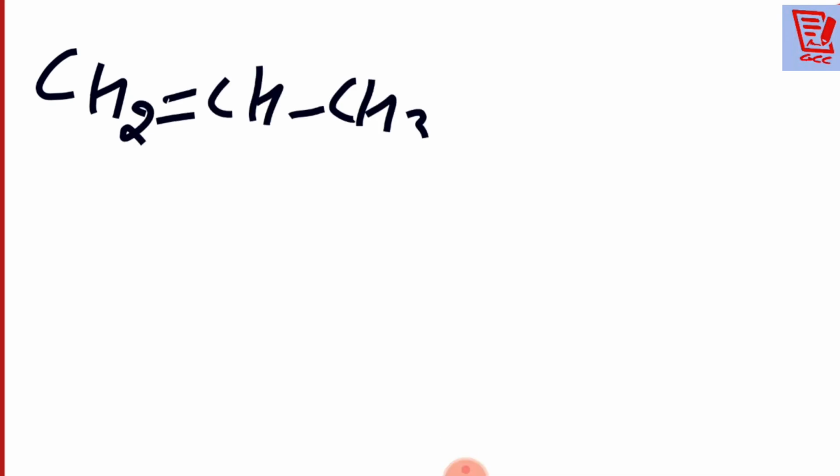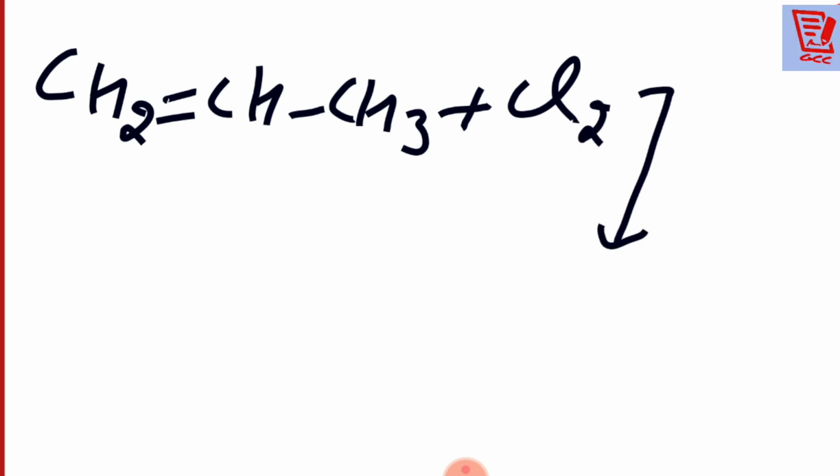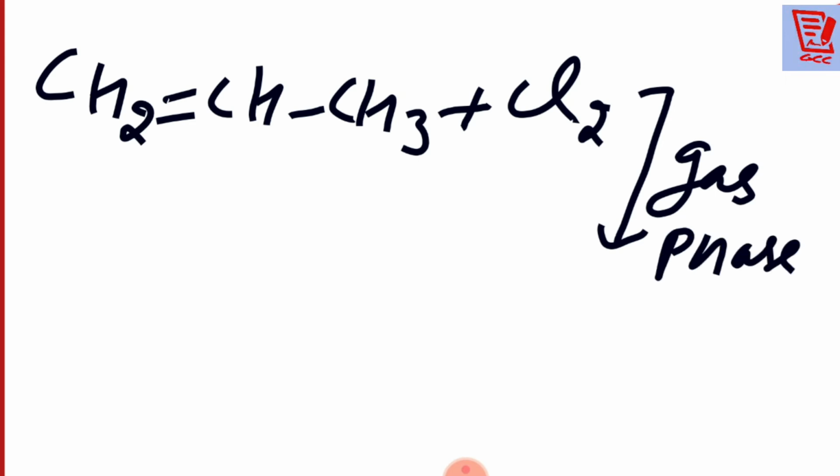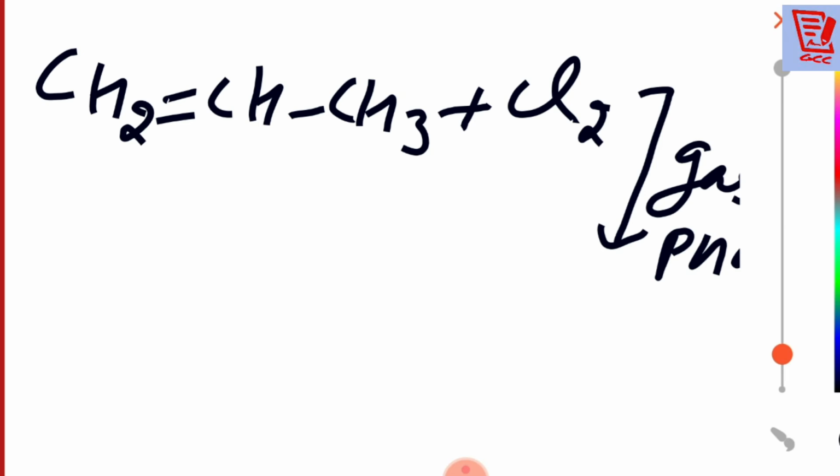Suppose I am writing CH2 double bond CH3 plus Cl2. This is in the gas phase. Here, beta, you see, the double bond you can't touch.